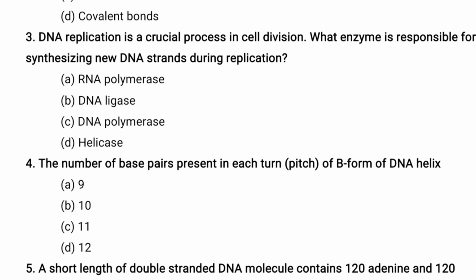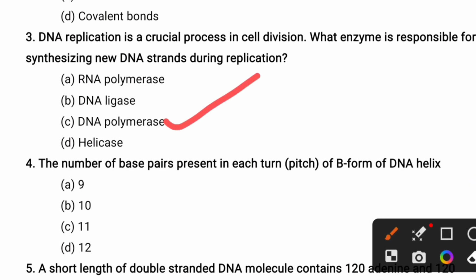DNA replication is a crucial process in cell division. What enzyme is responsible for synthesizing new DNA strands during replication? So the options are RNA polymerase, DNA ligase, DNA polymerase, helicase. Correct answer is DNA polymerase.